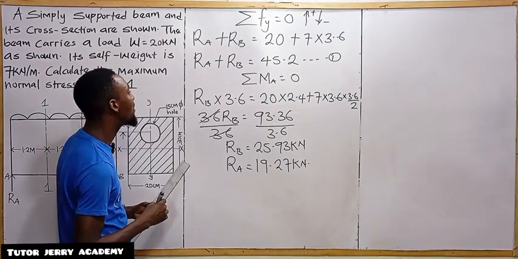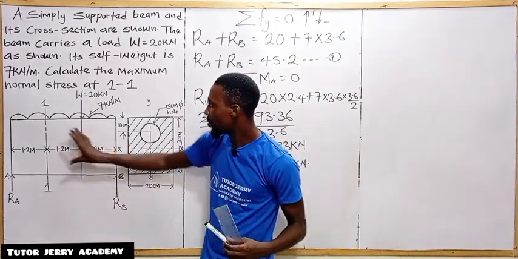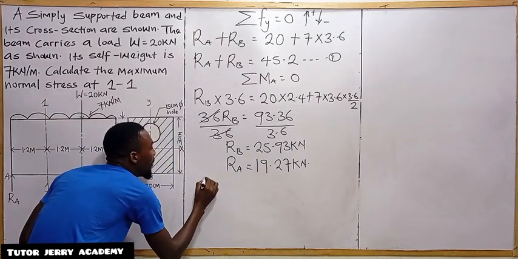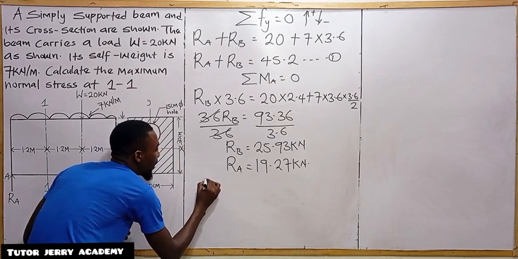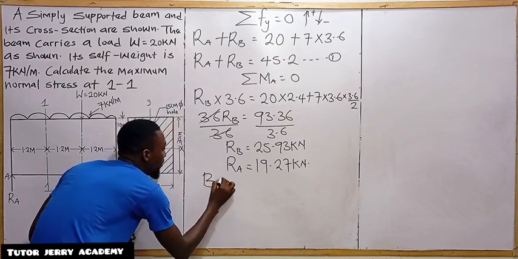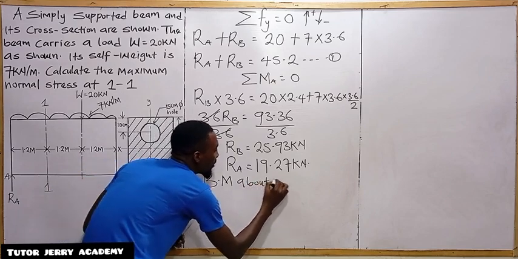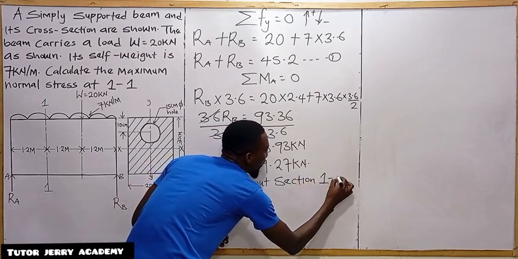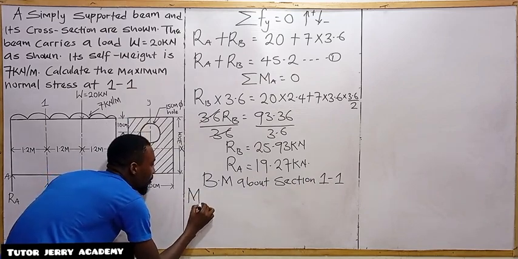Now the next thing is to calculate our bending moment across this section. Let's say bending moment about section 1. Let's denote it by M subscript 1.